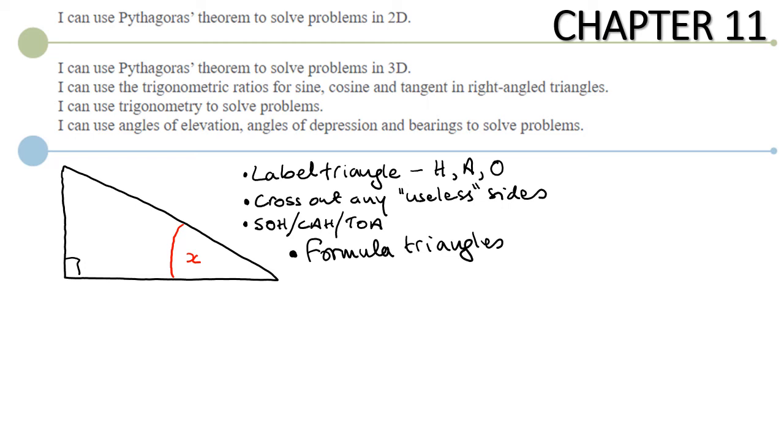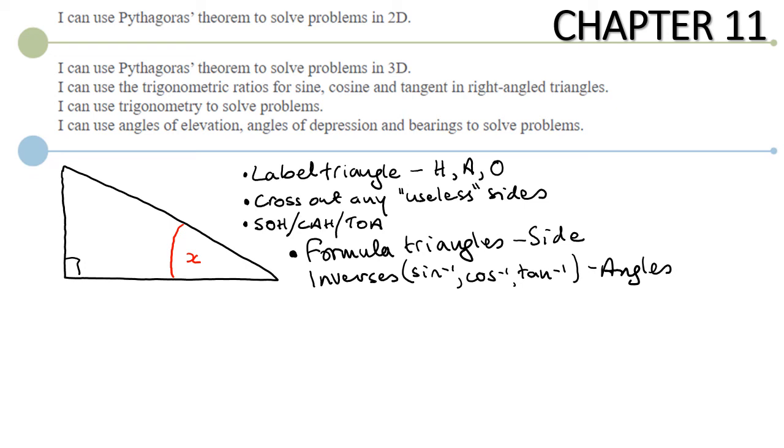So we'll use the formula triangles if we want to find a side. And then we'd use the inverses. So that's sine inverse, cos inverse, or tan inverse. You press shift and press the sine, cos or tan button. This is for angles. If you want to find angles, you do the inverses.